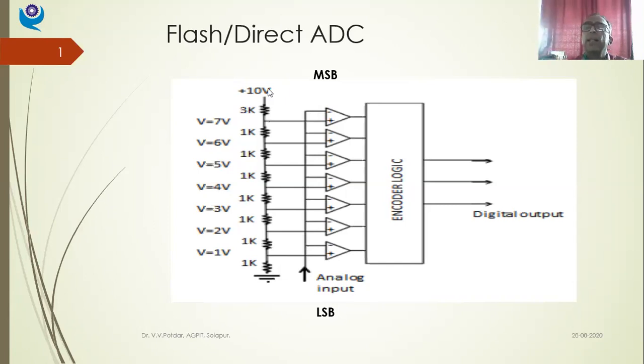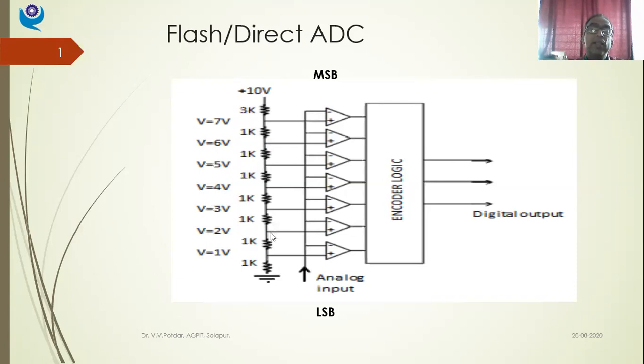It's not necessary that the voltage should always be plus 10 volt. It can be 12 volt even, it can be 5 volt even. Depending on my signal strength and my circuit requirements, I'll decide the range of voltages for the reference voltage. And as you can see in the resistance ladder, we have resistance in each step.